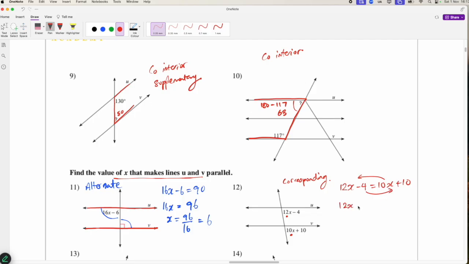So I'll have 12x minus 10x on this side, and I'll have 10 plus 4 on that side. So that'll give me 2x is equal to 14. x is 7. It's only when x is 7 that the two angles will be the same, and therefore the lines will be parallel.